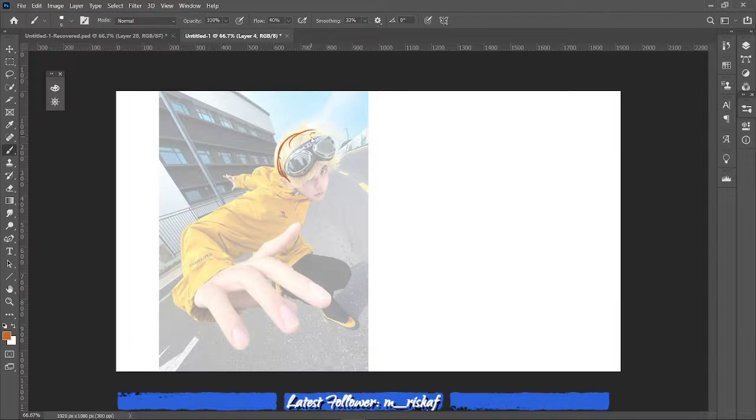I'm gonna mark the head with a circle and here with a triangle. And I mostly use squares to mark up the body. Like this.